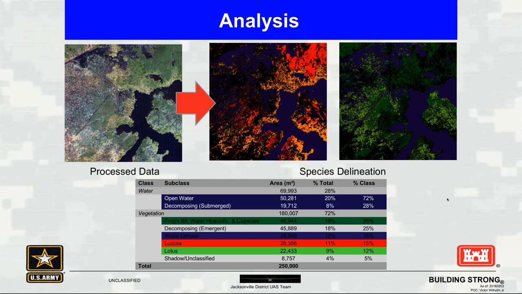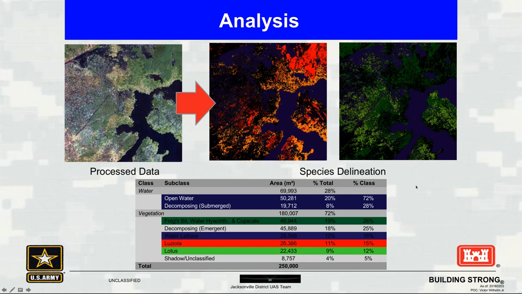This is just another depiction of that within ENVI. The upper right-hand section of this image shows really the concentration of the Luziola that was growing in that. But we can also see that we had a lot of decomposing material, which is what's outlined in orange.